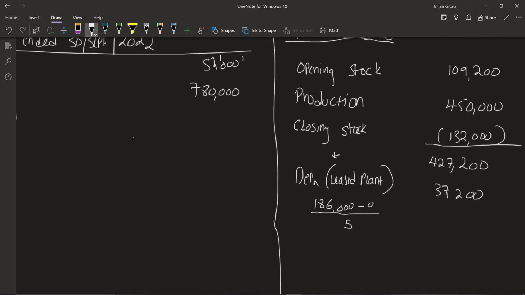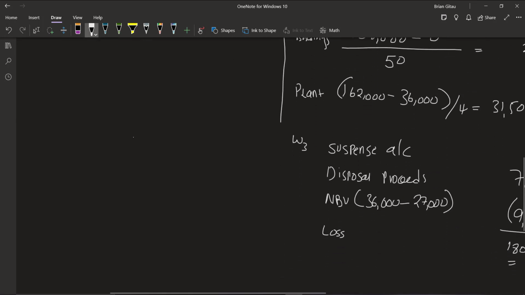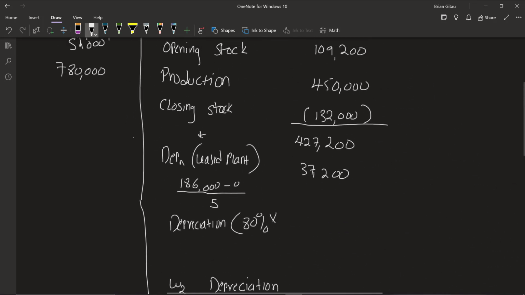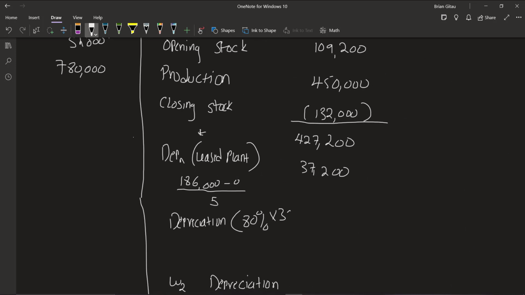So depreciation: 80% times 35,460. That is giving us 28,368.